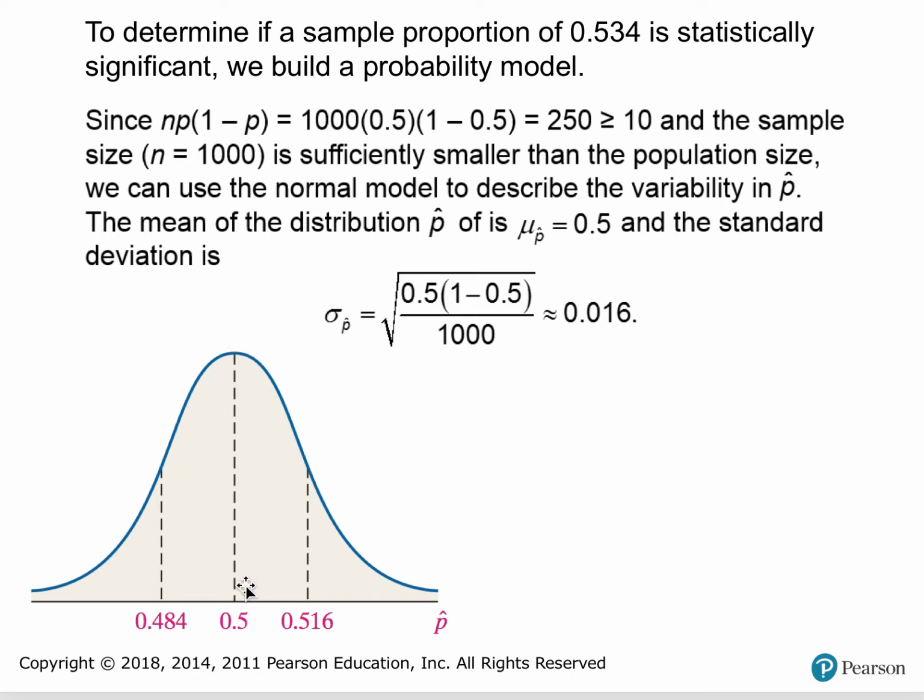Since it's approximately normal, we've got that bell-shaped curve with 0.5 here, and we would add 0.016, so this one would be 0.532, and subtract it 3 times. Okay, so now that we have a model, we can use it to look at the logic of these approaches to see if the majority of the population are in favor of banning cell phone use while driving.